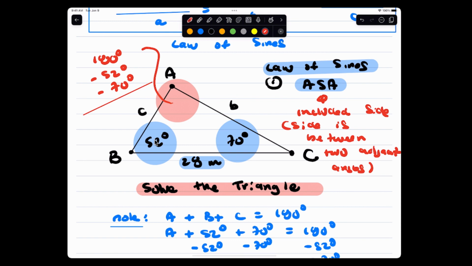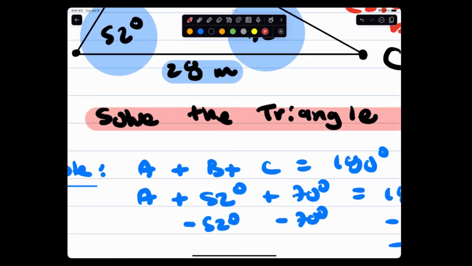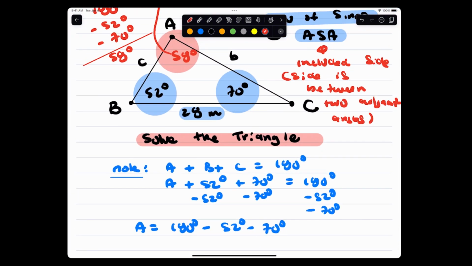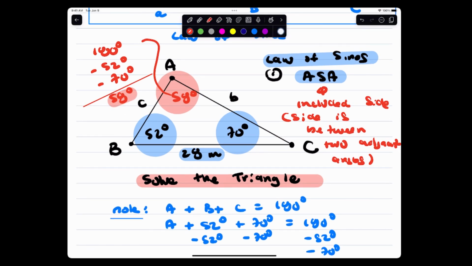So what did you just do? You just found one of the pieces of information they're looking for when you solve the triangle. So get the missing angle first, 58 degrees. That's what you always do when you have the angle side angle situation. Angle side angle, that's the first case of law of sines. That's the first type of triangles you guys see.